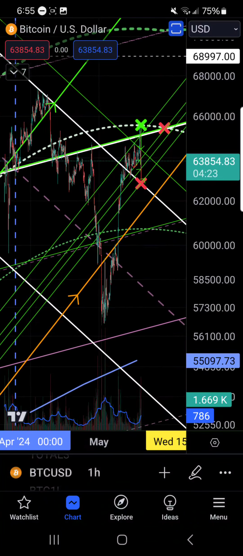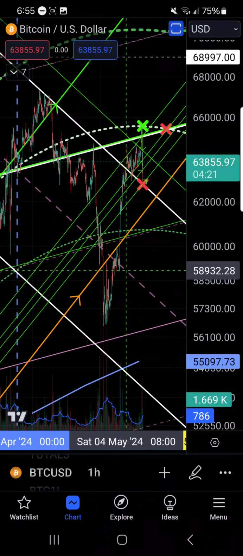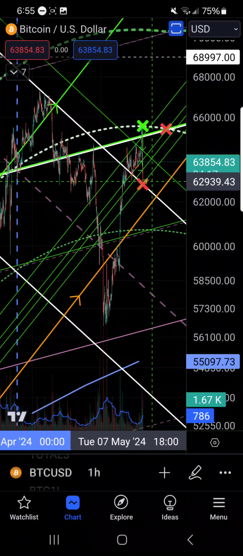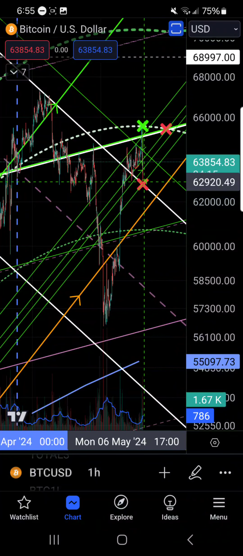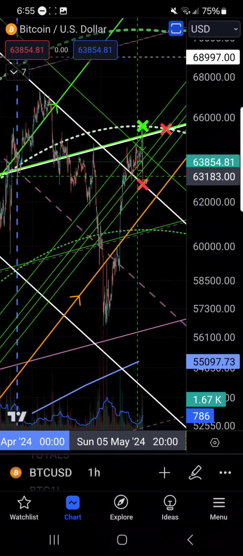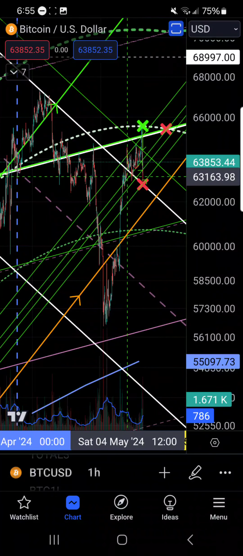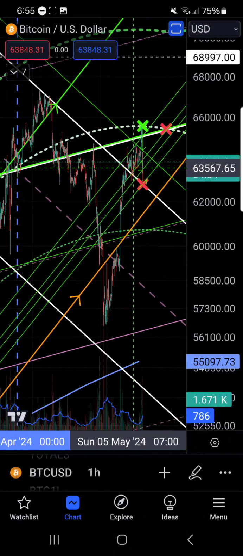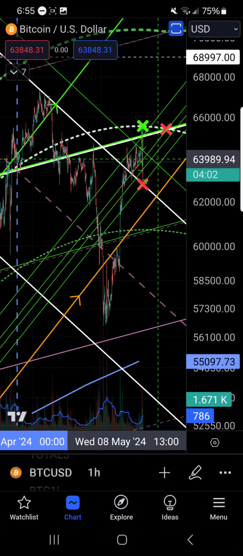This bull flag channel with the pinkish colored center line. So that would have been a retest of that. Now we have already retested that on the 4-hour and pretty solidly closed a bunch of 4-hour, 8-hour, 12-hour, and daily candles above, outside that line. So I think we're pretty much done there.